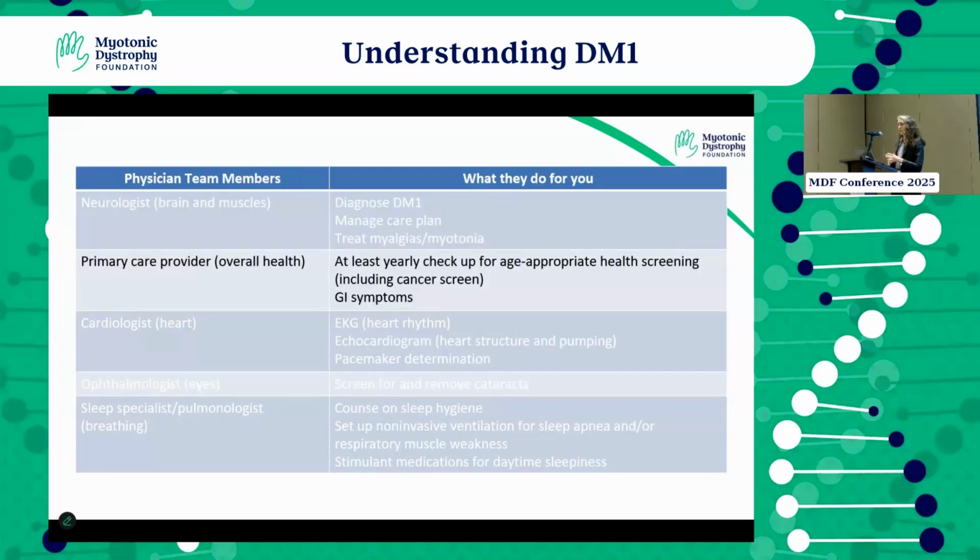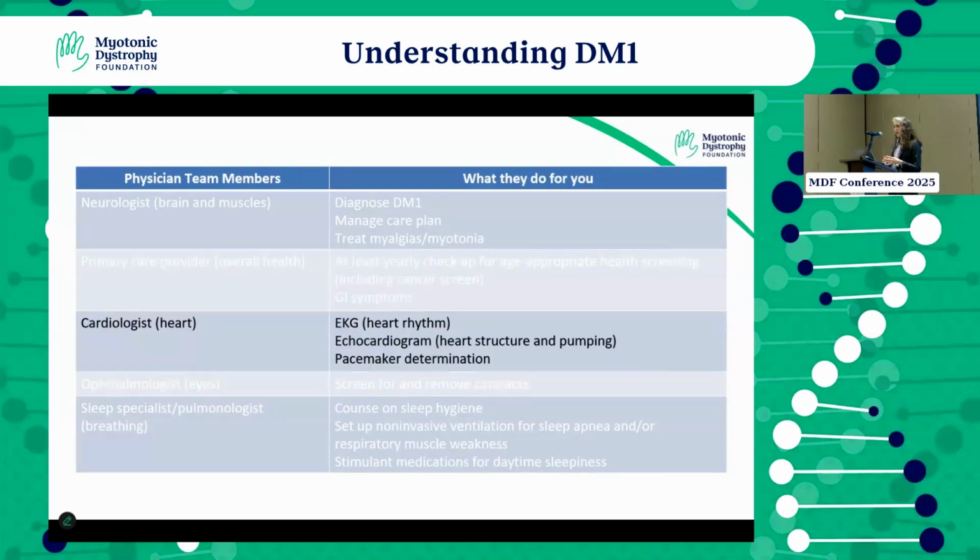Primary care provider is excellent for overall health, at least yearly checkups for age appropriate health screening. They also can be very helpful in the cancer screening, as well as managing GI symptoms such as diarrhea and constipation. A cardiologist focuses on the heart, and some of the tests that they will have done are EKGs, which look at the heart rhythm.